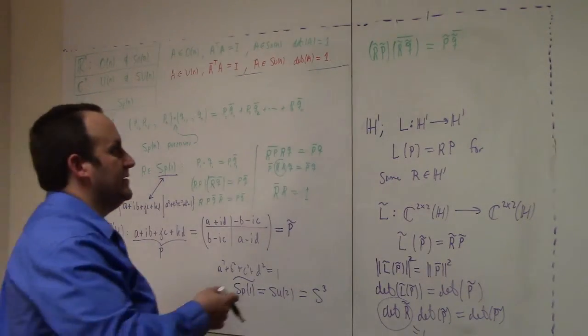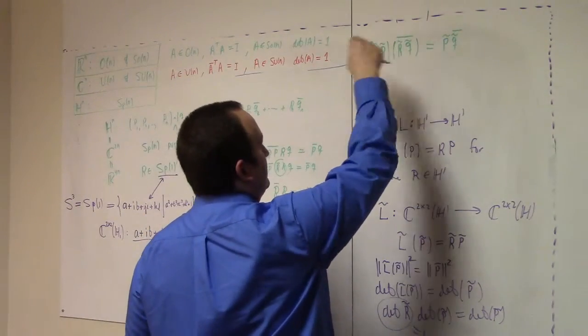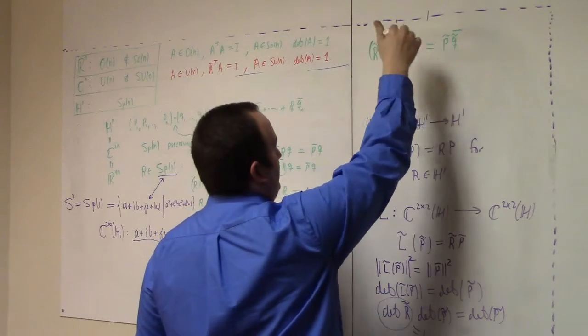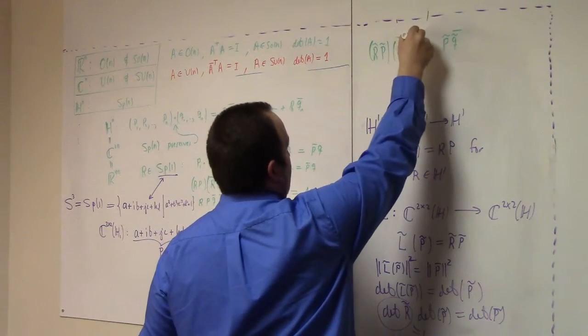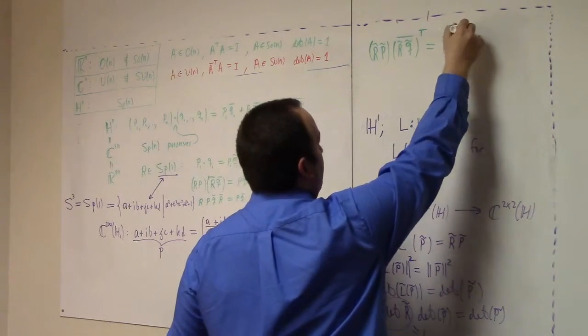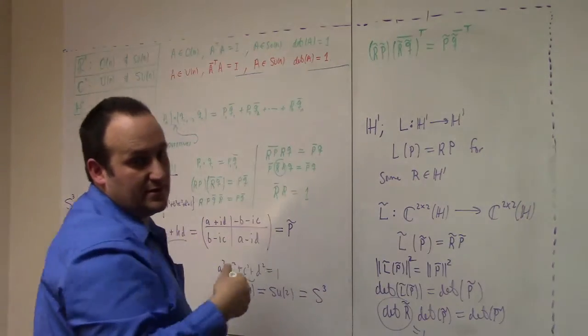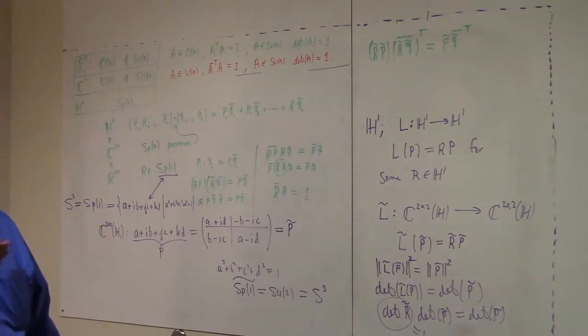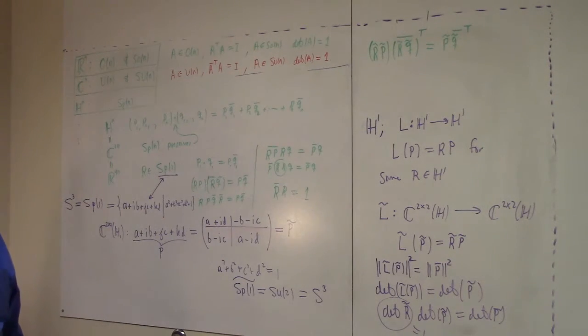So to be fair, this has to be conjugate transpose, and same over here. If I'm using bar to mean the component-wise conjugation of 2x2 complex matrices, then now I'm right.